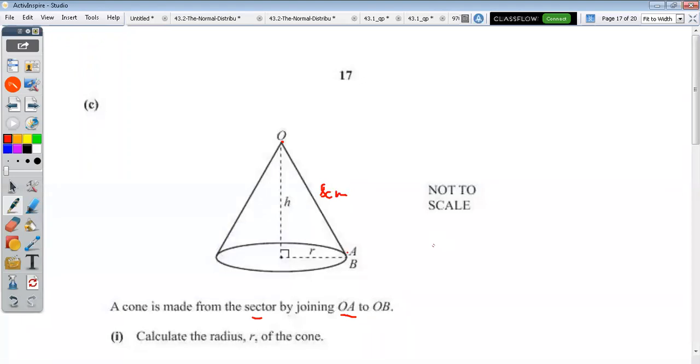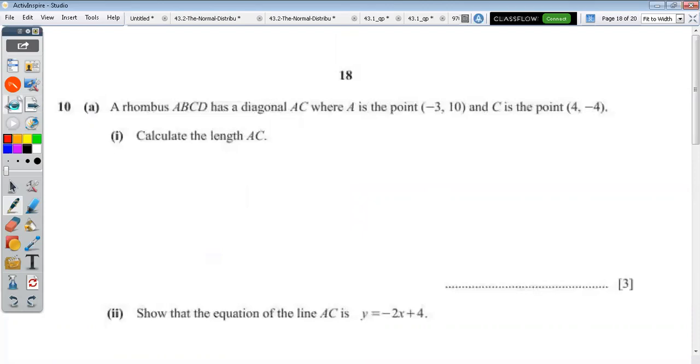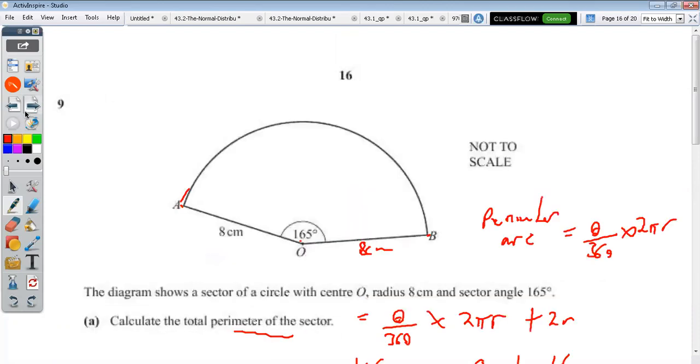But what becomes the height? A cone is made by joining AO to OB. AO to OB. So AO to OB. We are joining these two.